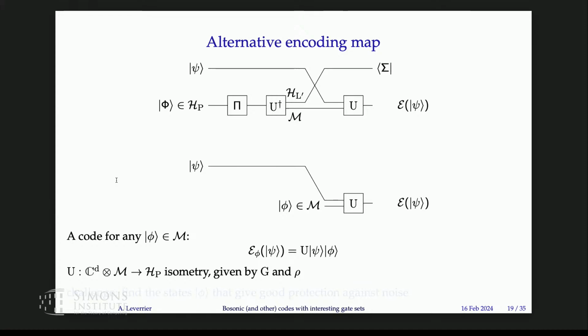It's an isometry given to you by the choice of the group G and by the choice of the physical representation that you chose. Now the game is a bit different from the standard one. The game is really to find the states or the encodings that give you good protection against noise. It's not an easy way, but this is what we have to do.